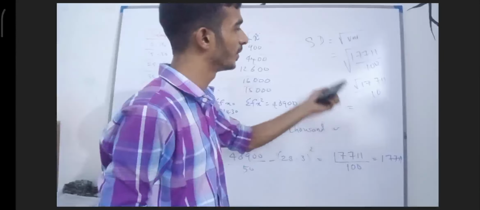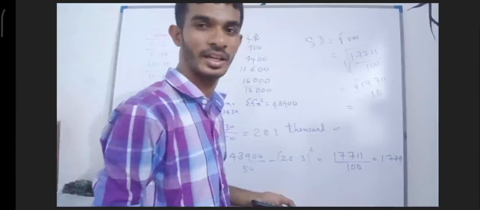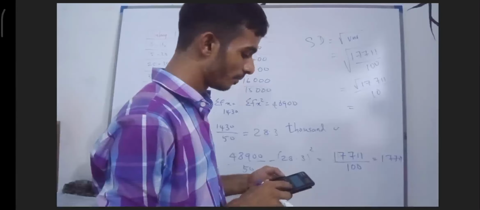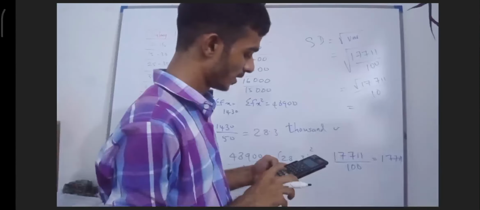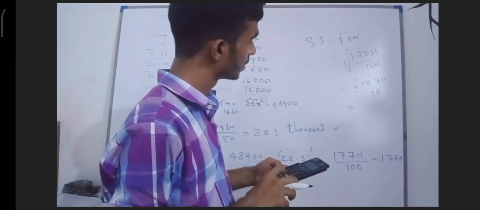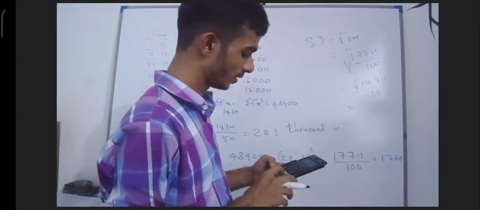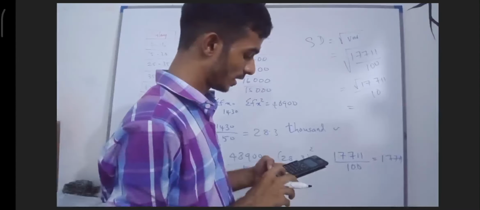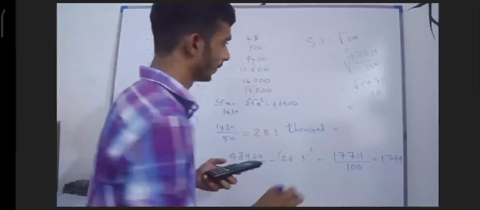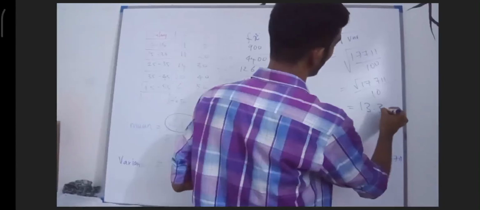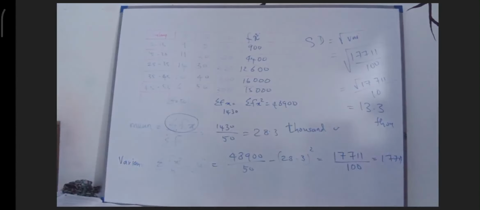Using your logarithm table you can find out the answer. I know you can do it, but now I will do it using my calculator. The square root of 17,711 divided by 100 is equal to 13.3. That is, 13.3 thousand rupees is the standard deviation.